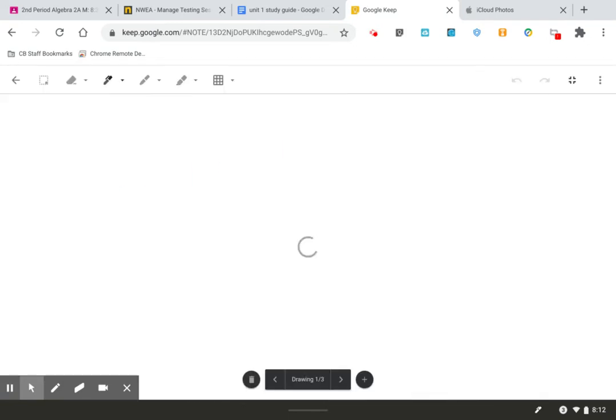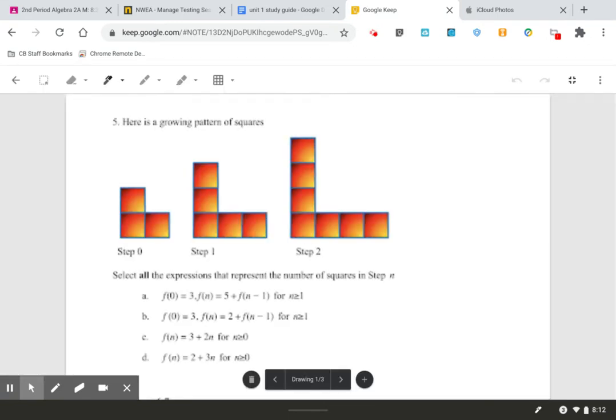Number 5. That's a multiple selection question. Here is a growing pattern of squares. Select all the expressions that represent the number of squares in step n. So first, let's count here. We have 1, 2, 3 is our starting. Then we go 1, 2, 3, 4, 5. So we have 5 here.